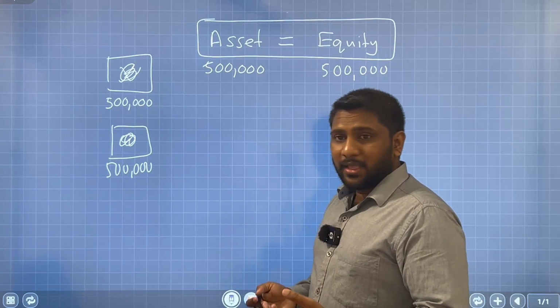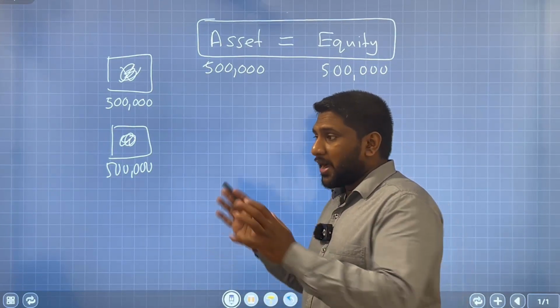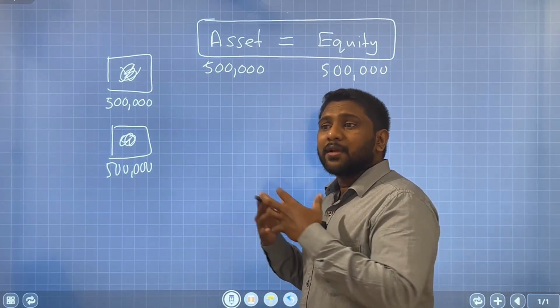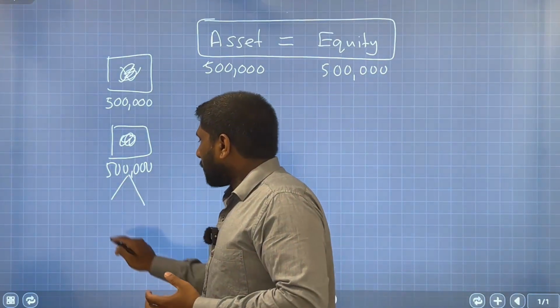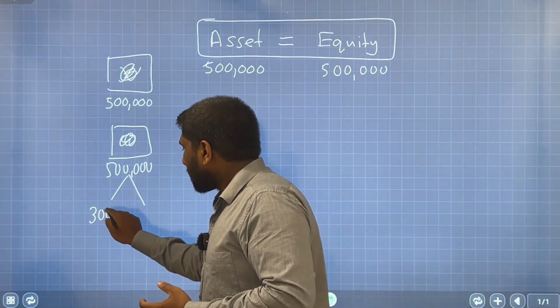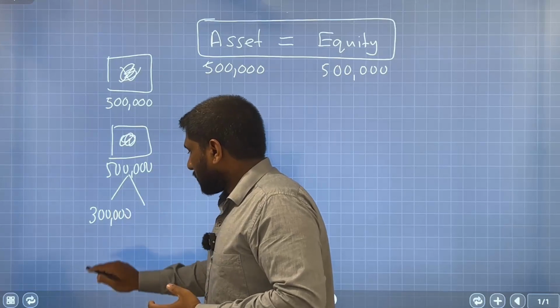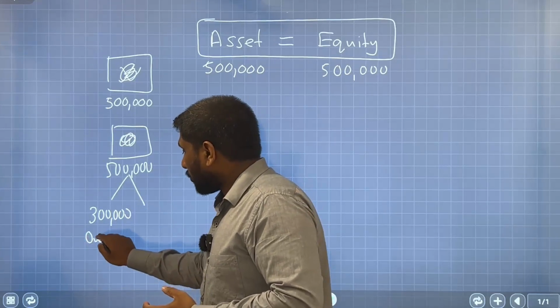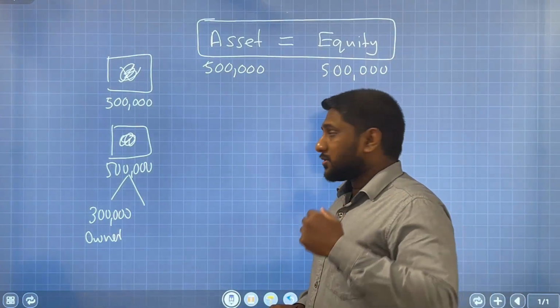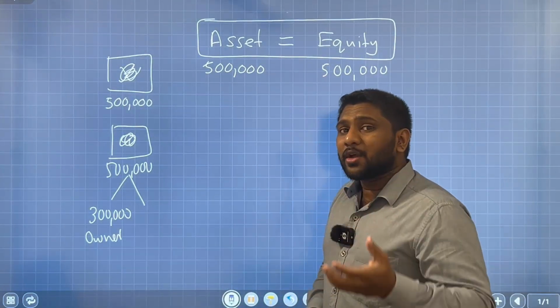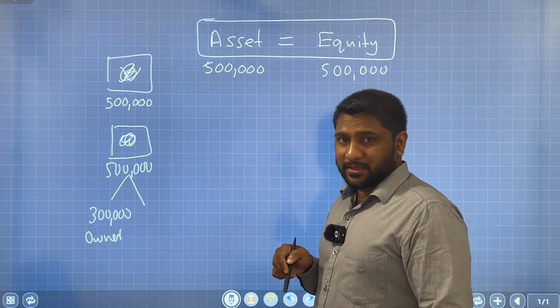I have only, we'll assume to buy this machine, I can contribute as the owner, I can contribute only 300,000. This is the owner's contribution. Owner's contribution is how much? 300,000. So 200,000 is missing to buy this asset.